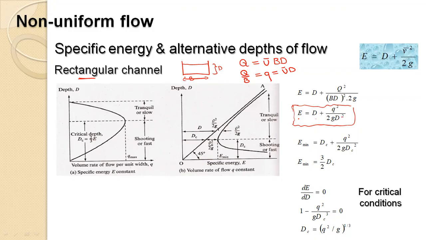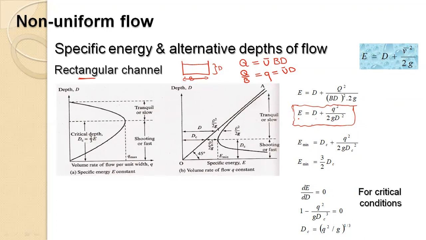Now suppose that you have a constant, steady flow rate. What would be the variation of the specific energy with respect to the water depth?